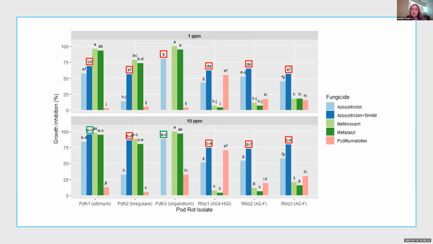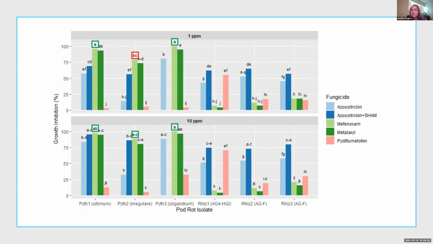When we increase to 10 ppm, we do see suppression in the ultimum and the oligandrum Pythium isolates, but the irregulare, we still don't. And this agrees with what we saw in our other growth curves and EC50 values, where that one is a little more resistant. For the Rhizoctonia, we are seeing much lower levels than we would expect, especially since azoxystrobin is actually labeled to control Rhizoctonia pod rot.